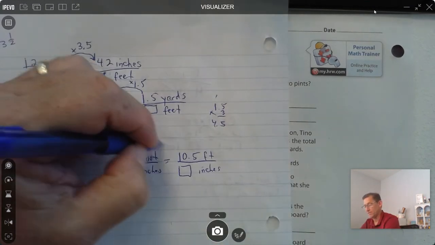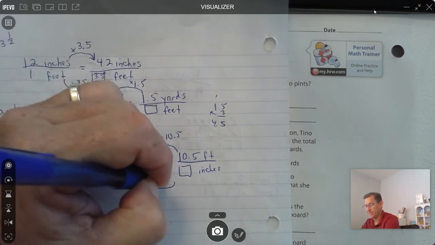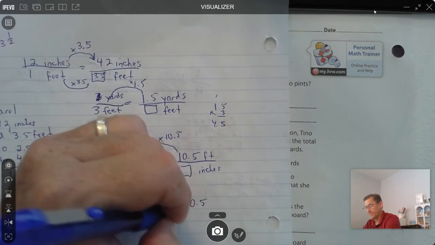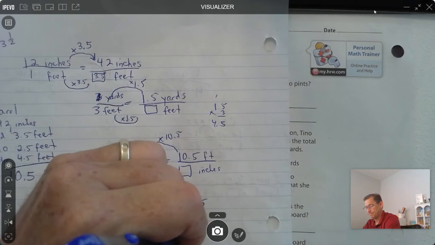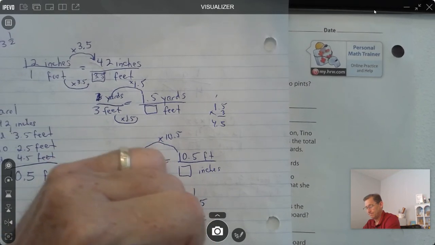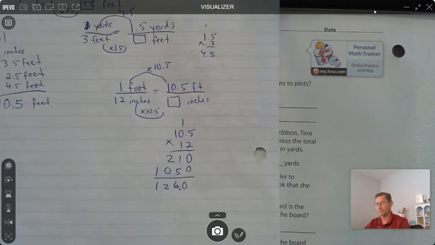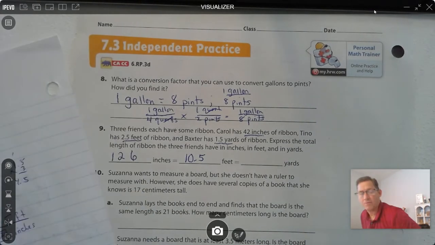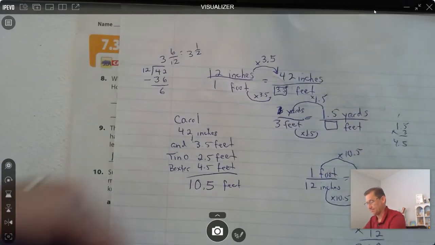Well, how do you go from 1 to 10.5? Multiply by 10.5. So multiply 12 by 10.5. So 10.5 times 12 is 126 inches. Right, and now how many yards are in 10.5 feet?